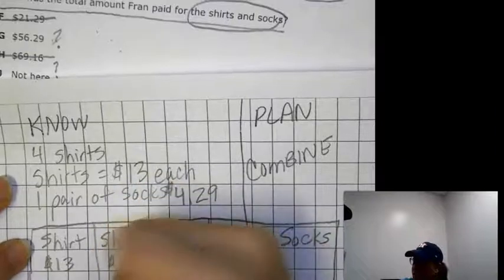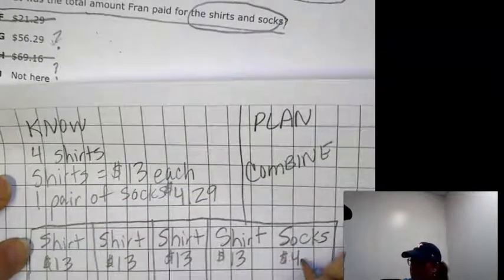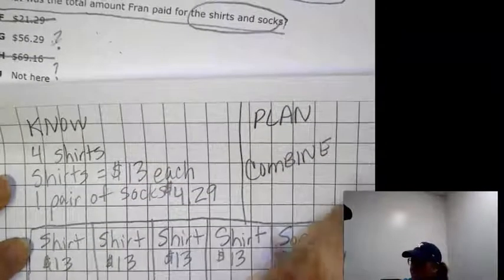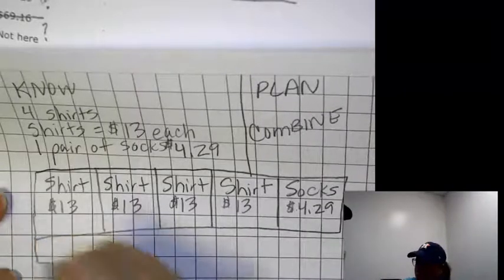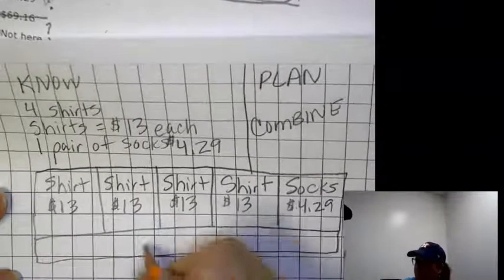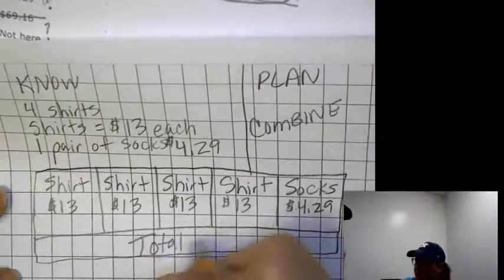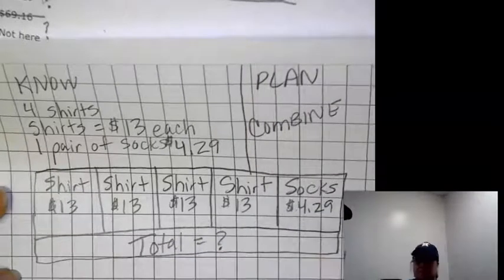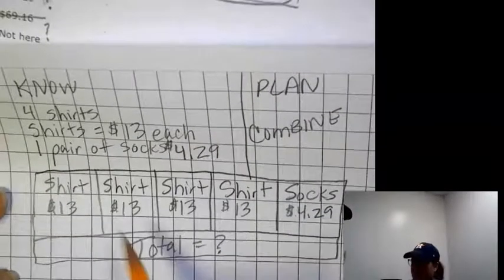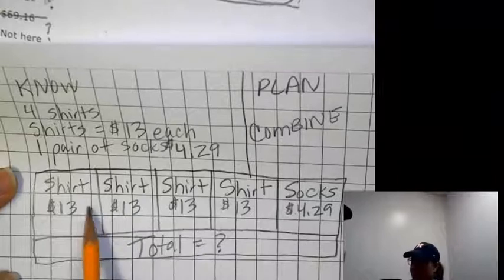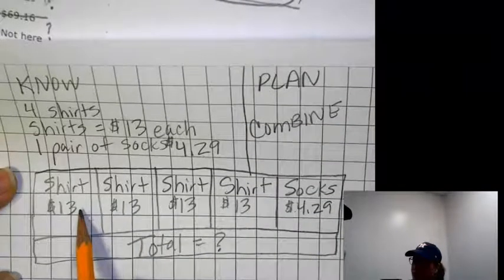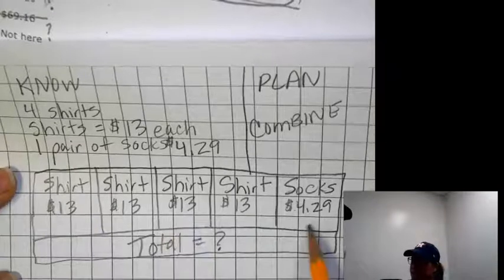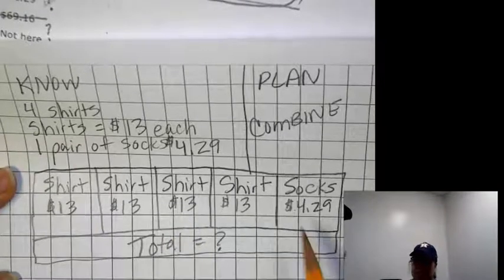We also know the socks are $4.29. We are solving for the total. That's the unknown, right? This is what we need to find. So how do we find that? Well, it's simple. We can either add all of these numbers up, or we can multiply 4 times 13 and add that to $4.29.